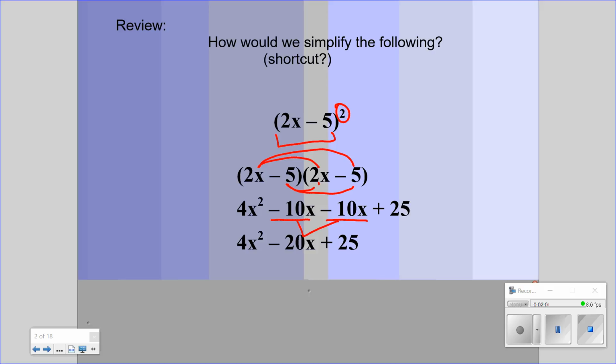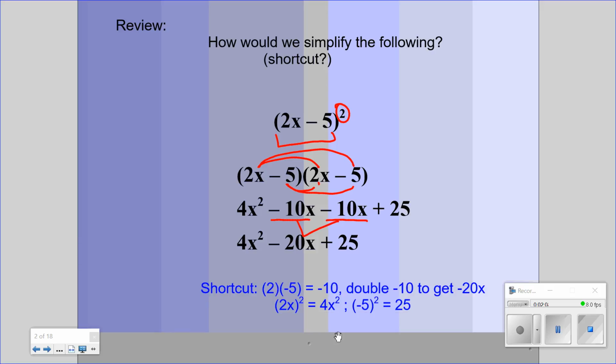So in our monomials and polynomials unit, we looked at a shortcut for multiplying out binomial squares, where the first term is made from just taking the first term in the binomial and squaring it. So 2x squared is 4x squared. Then taking the second term in the binomial and squaring that to get 25. So negative 5 times negative 5 is 25.